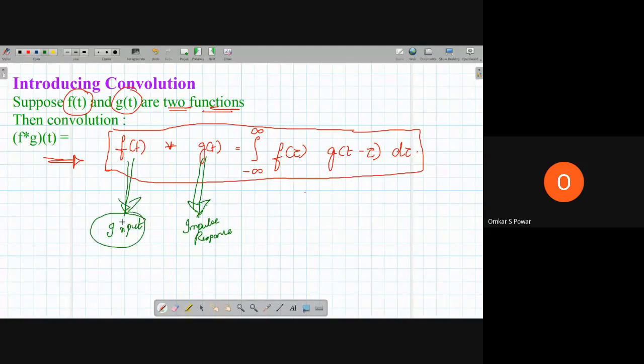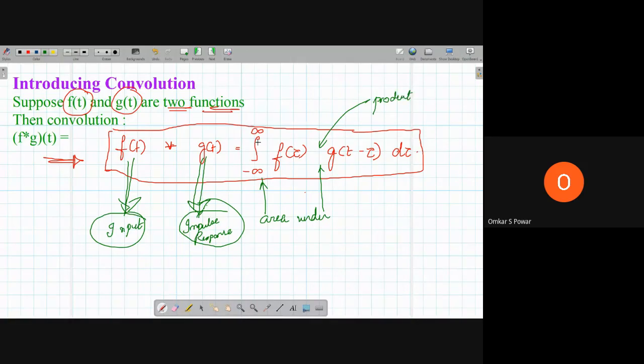So you have the input, you have the impulse response. Then what is this integration from minus infinity to infinity? Integration means you're finding the area under the product of these two.